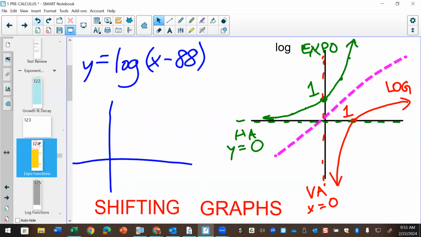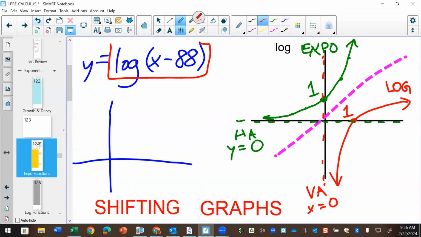Expo or log? Yeah, because you see the word there. This is a log. So this is like big red over here. And where did it slide? Is that inside or outside? Yeah, because you know what? Inside is side to side.